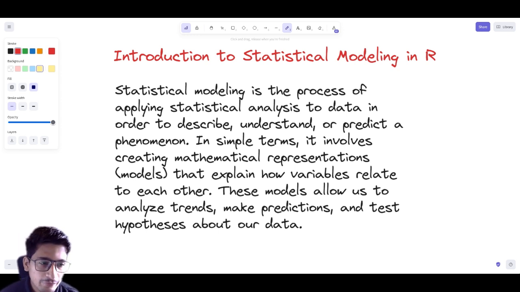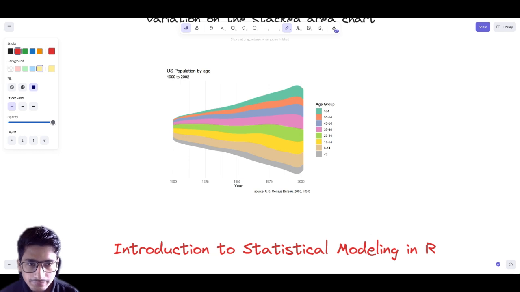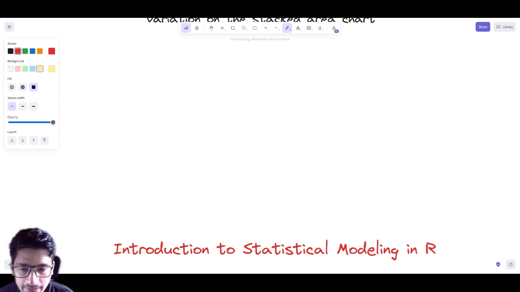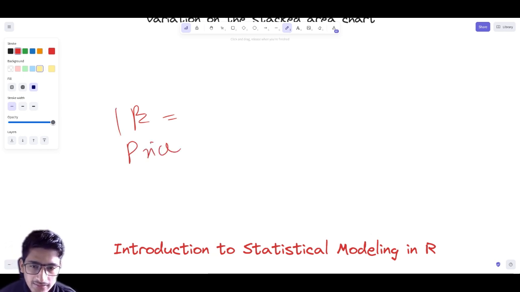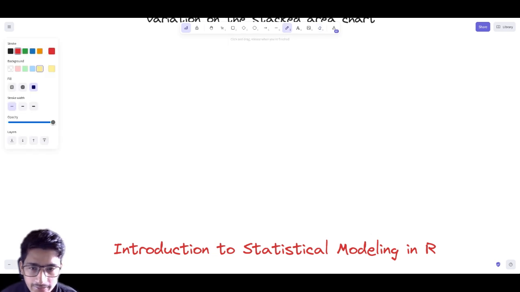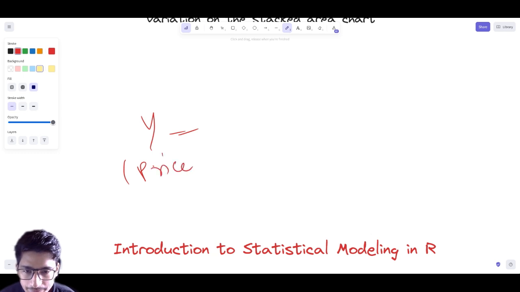So if you want to create some formula for it, let's say you have P, which is the price, and you want to create some formula showing which factors this price depends on. Basically, this is denoted by y, which is our dependent value, and we say this is our price, and we want to get an idea of what factors it is related to.